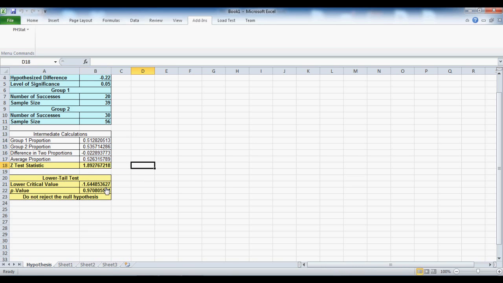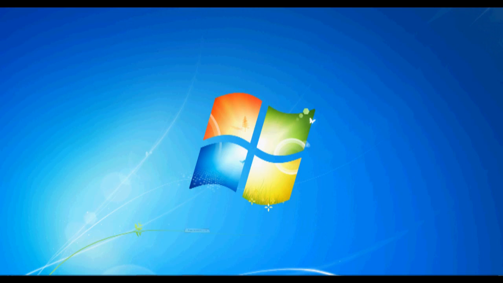And this is the output of PHStat for question number 4. And as you can see, it is stated that do not reject the null hypothesis. So that concludes our 4th question. Thank you for listening. Have a nice day.